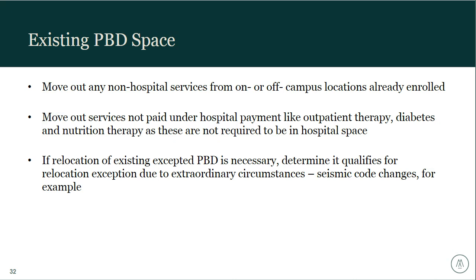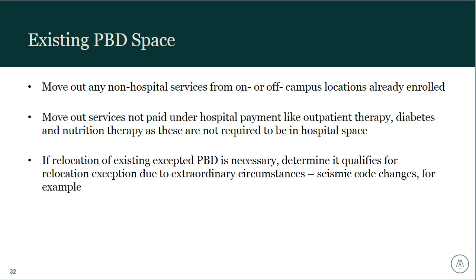Those are hospital services that are not billable and payable under OPPS. They're payable under the physician fee schedule, even though the hospital is billing for them. And as such, they're not subject to the provider-based department rules. They can be in any kind of space, still subject to your state requirements, but not to the Medicare provider-based requirements. And so you can move them out and use that space as long as it's on your 855 enrollment.